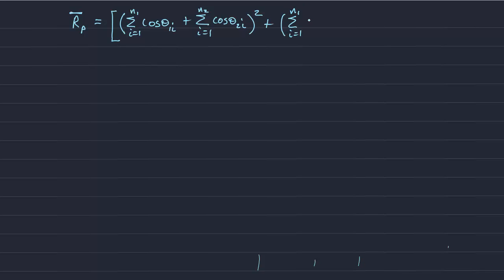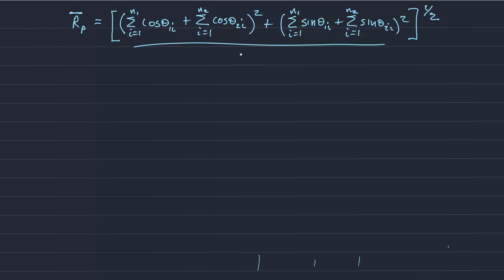So the sum of all the sines of the angles from sample 1 plus the sum of all the sines of the angles from sample 2, and we square that. And again, that's all under the square root. And then we have to divide by n.